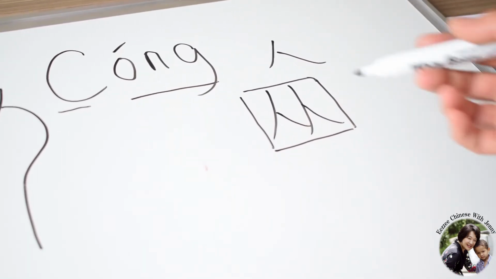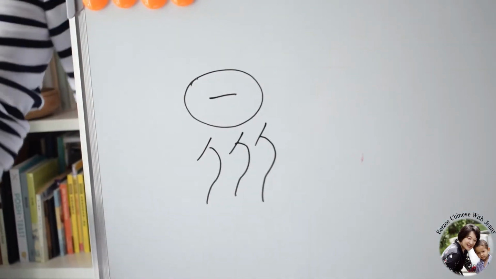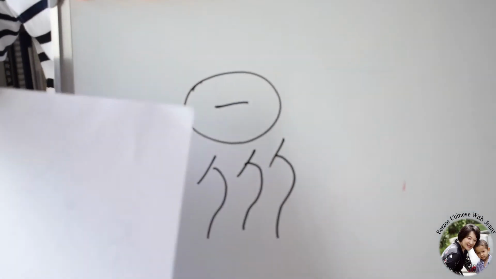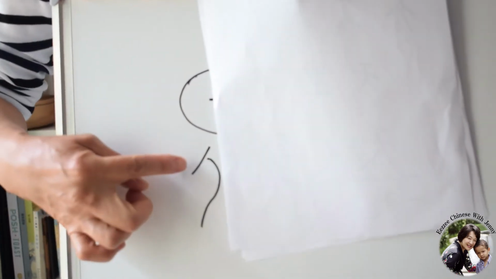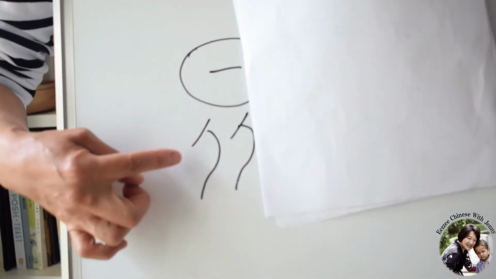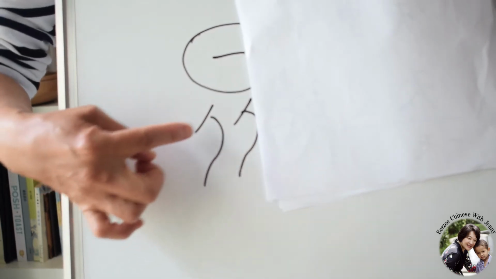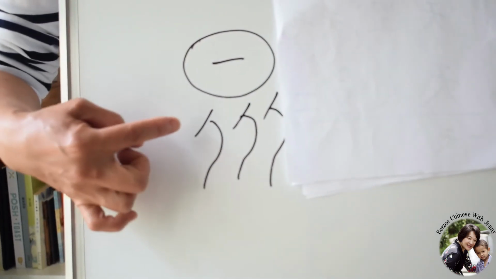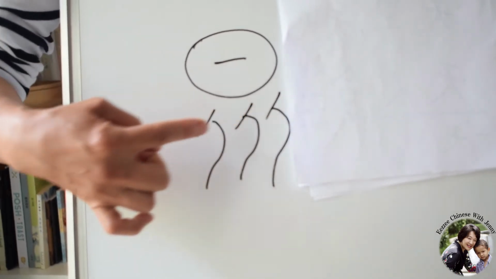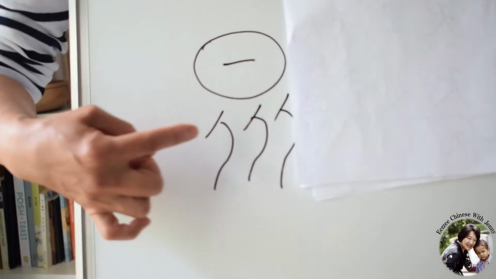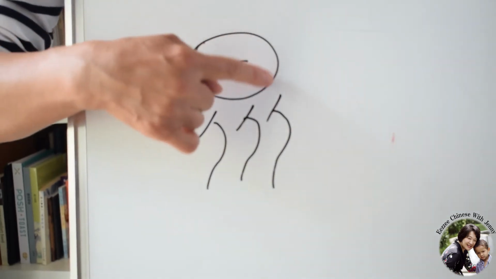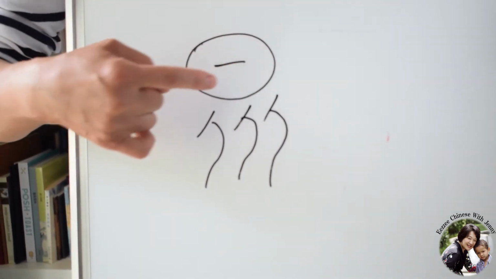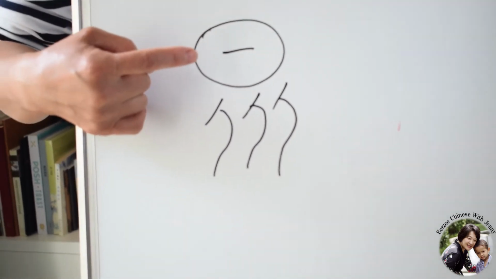从 means follow, following. Remember, we have learned the person is one person, and we have learned two people working together. And today, you can see there are three people now standing there, and this is a symbol of the sun.